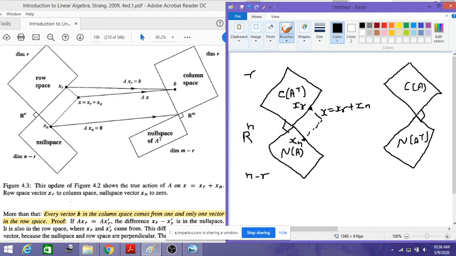Now these two will result in a point B in the column space when we perform A times xr, which is equal to B, and when we do A times xn, it will result in 0.